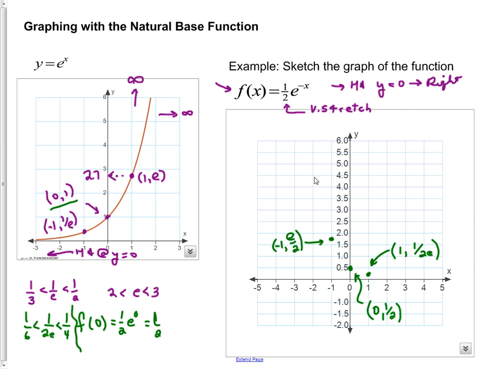On this graph, our function decreases from negative infinity, passes through our 3 points at (-1, e/2), (0, 1/2), and (1, 1/(2e)), and then it decreases towards 0, so that's where our horizontal asymptote is to the right this time. And that would be our graph based on our exponential natural base function.